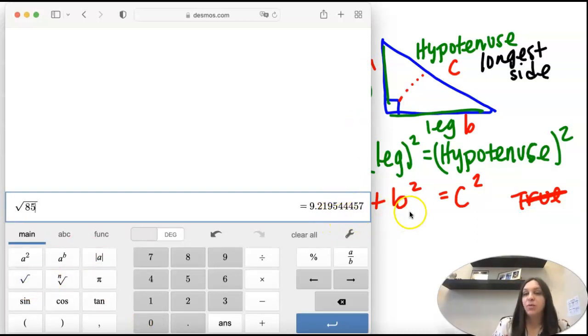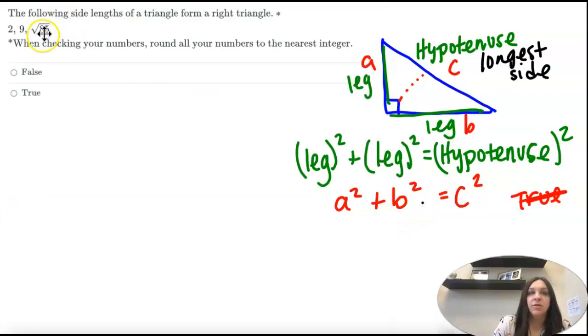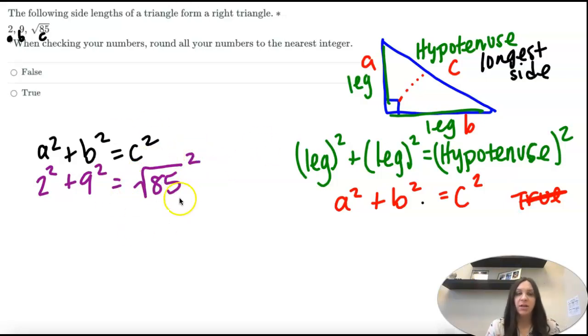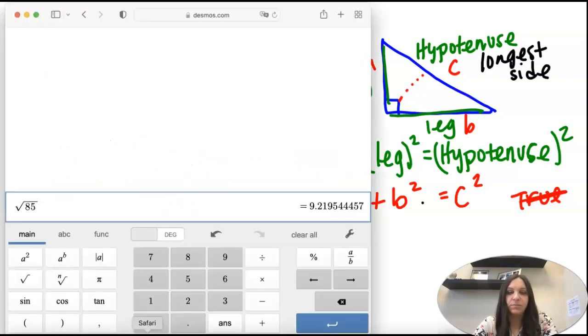Square root of 85 is 9.2. So that is our C value, and the other ones are A and B. So then we're just going to plug them in. 2 squared plus 9 squared equals the square root of 85 squared. So let's type that in our calculator and see what we get.